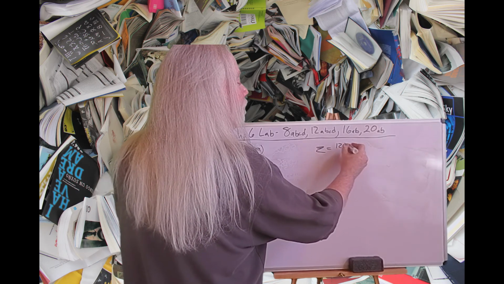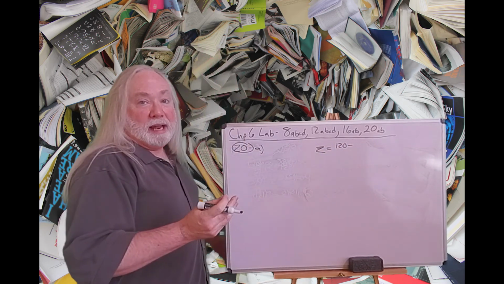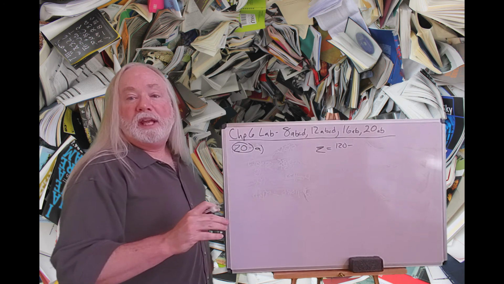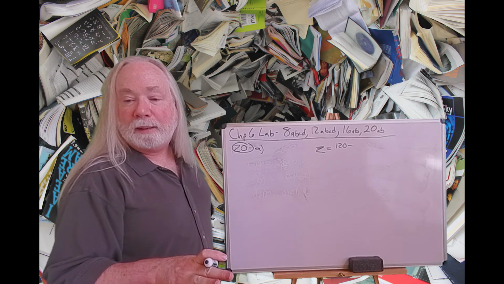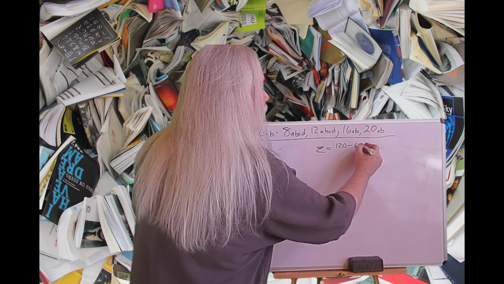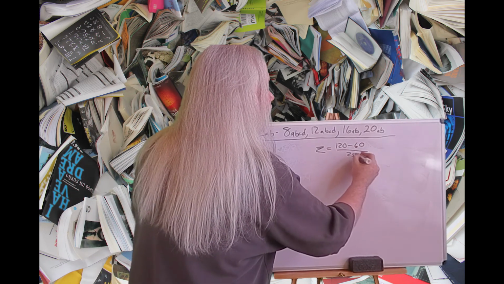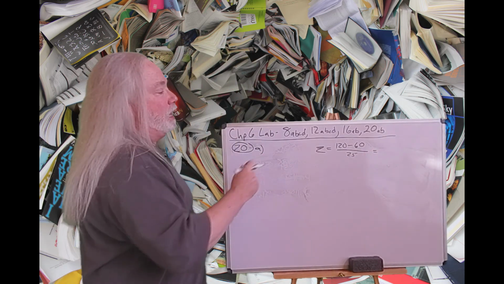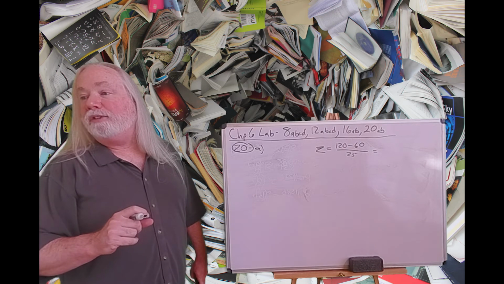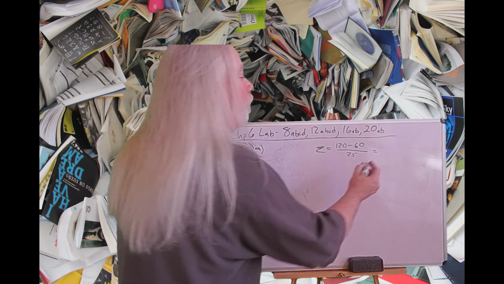So 120 minutes is the sample mean we're looking for. The population mean was, I keep losing it, 60 minutes. And the standard deviation is 25. So when we do that, watching TV for 2 hours is the same as a z-score of 2.40.